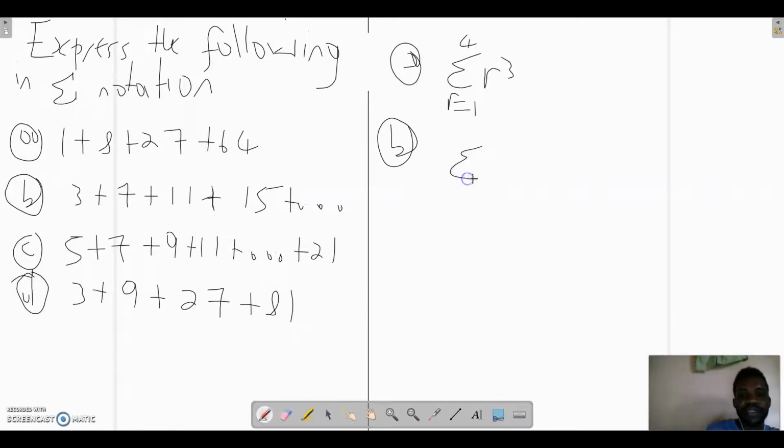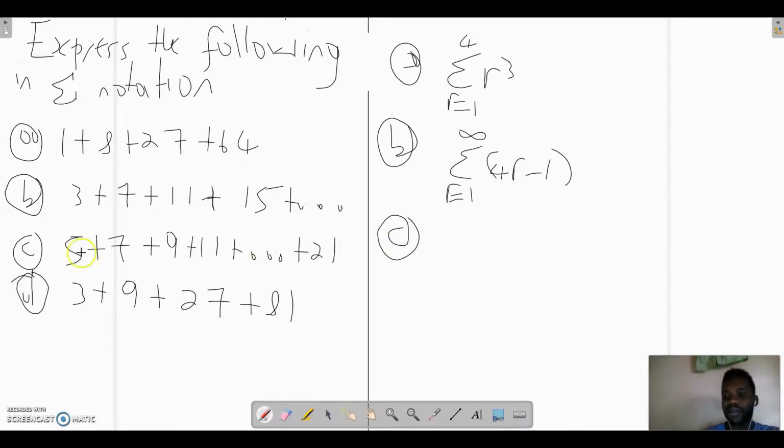So we can say it's a sum, and since we're going up by 4, we write 4r, and we manipulate this so that when we put in r equal 1, we get 3. If I were to replace r with 1, I would get 4. To get 3, which is the first term, I would have to subtract 1. And since it goes on to infinity, we could simply put infinity at the top there, which means it goes on and on and on.